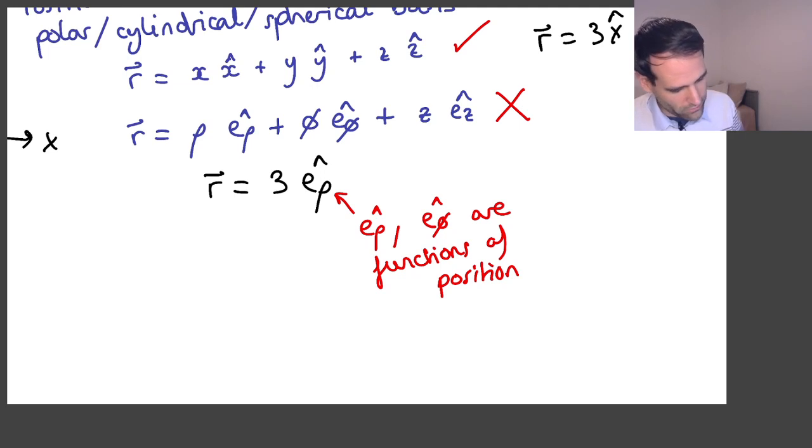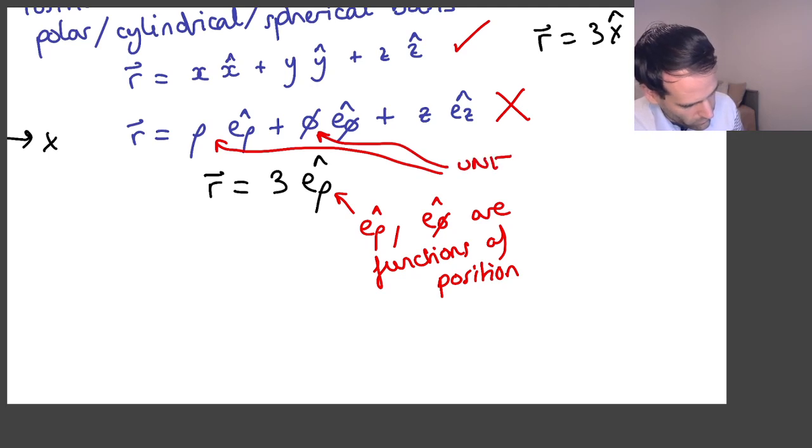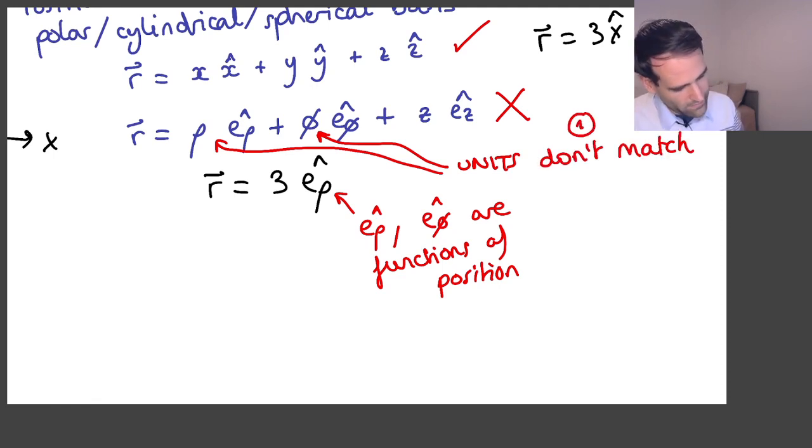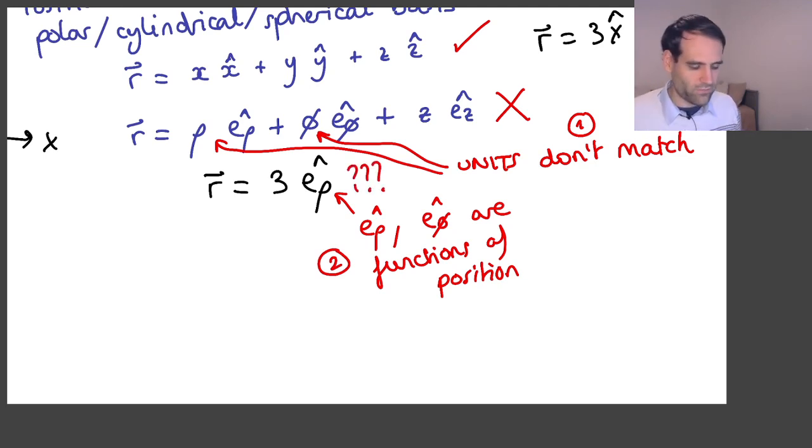So that's the reason why you cannot interpret a change of coordinates as changing the basis of this vector. Let me write the two reasons. The first reason was that units don't match. And the second reason is that e rho hat and e phi hat are functions of position, so if you have not specified a position vector, you cannot use e rho hat to specify a position vector.